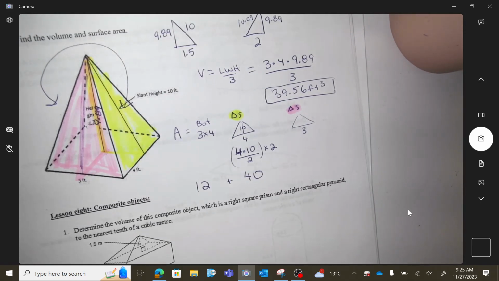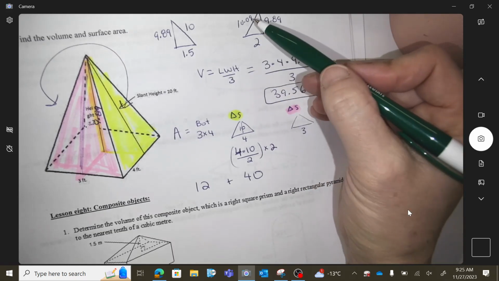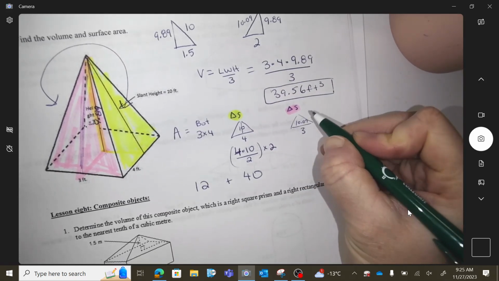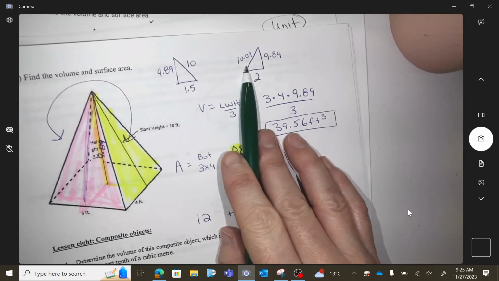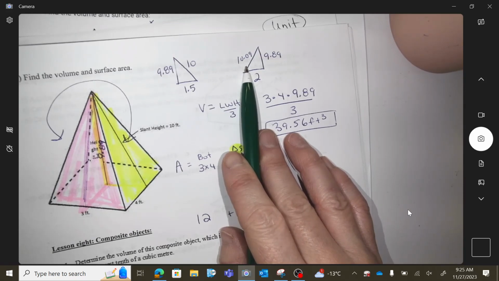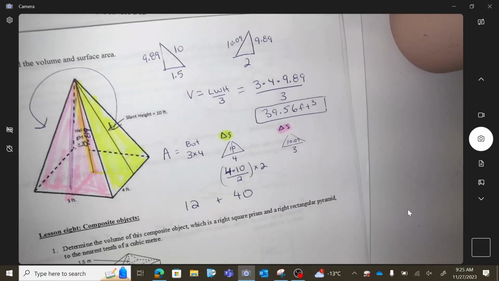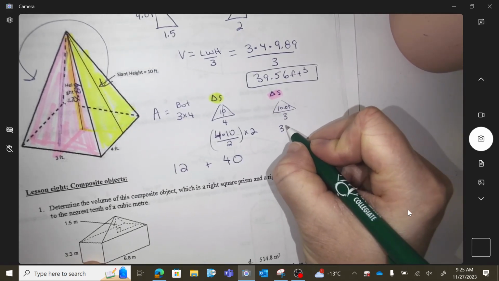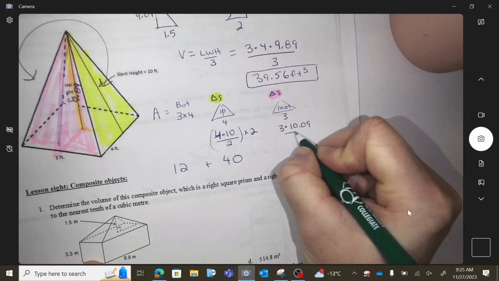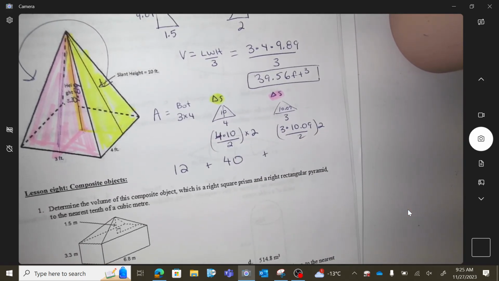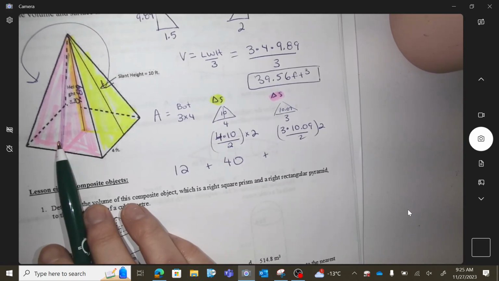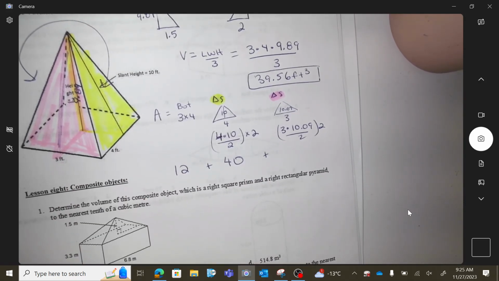Again, if you could look at it flat, can you visualize what the height of it is? 10.09. Okay, so remember these slants are on the outside, so when you talk about the height of the flat triangle, it's really the slant. Do you see that that's in the front? So you have a doubled triangle in the back.